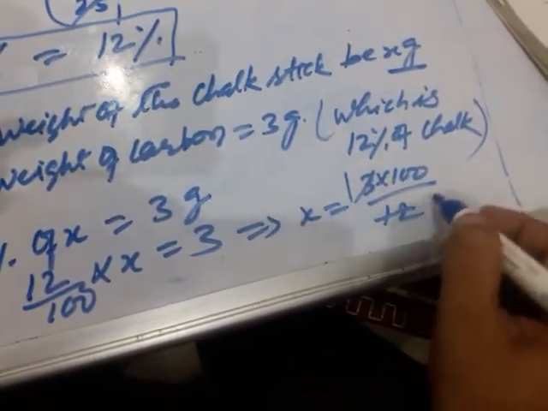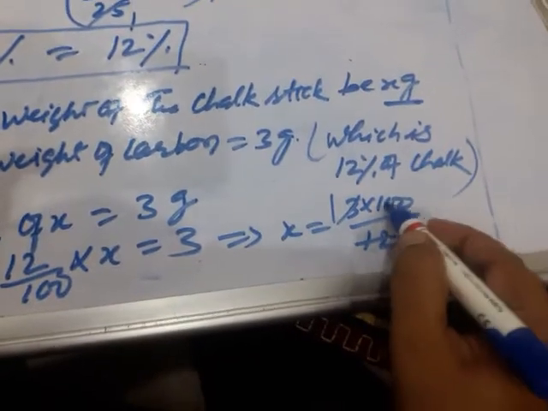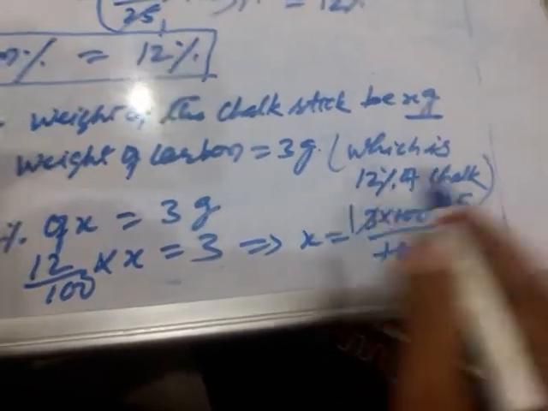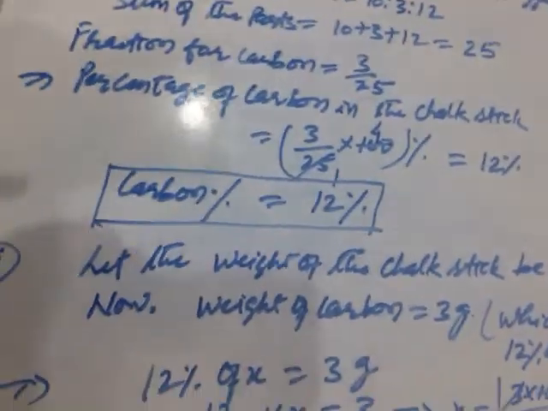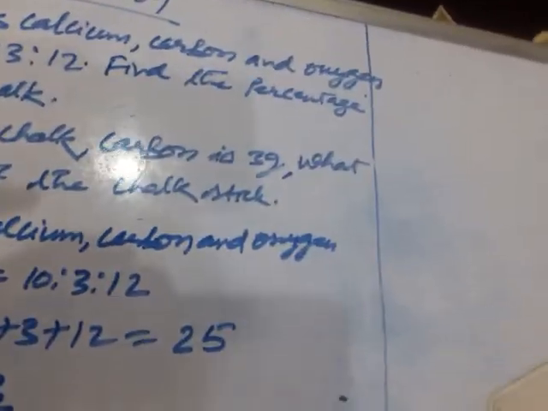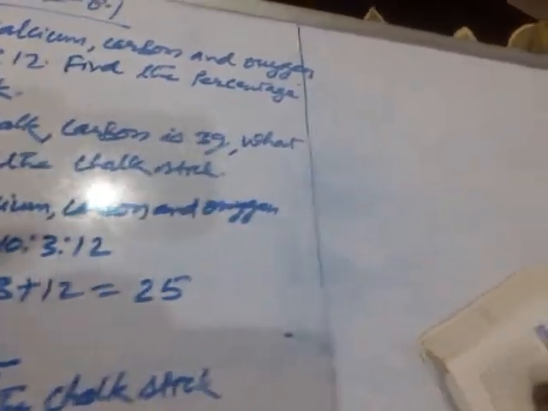3 1 is 3, 3 4 is 12. Clear children? And what else? 4 1 is 4 and 4 2 is 8 and 2 is remainder, 4 5 is 20, that is 25. What is the answer? So see, 25 gram. This is not percent, this is 25 gram.